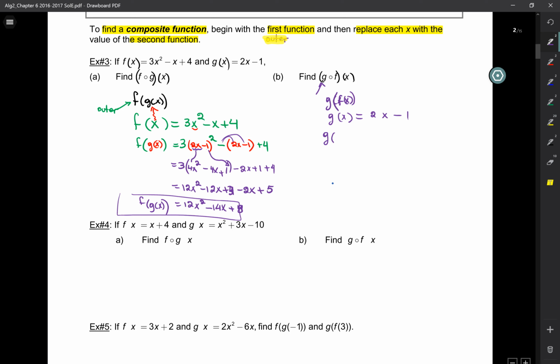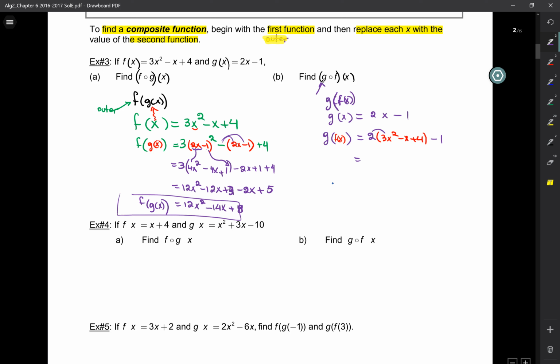G of f of x is 2 times what? Three x squared minus x plus 4, and then what? Minus 1.